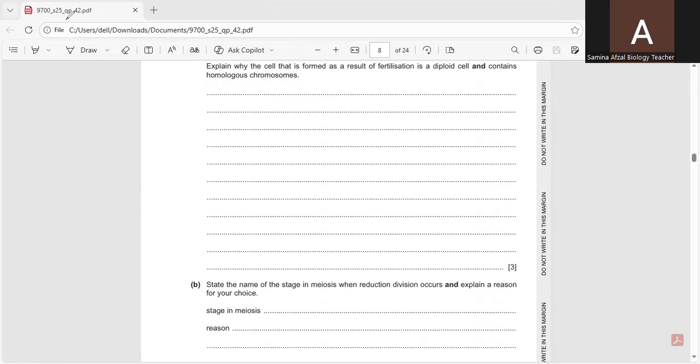This is because the chromosome number is reduced to half during meiosis. In fertilization, again, there is fusion of gametes, where one male gamete fuses with one female gamete.